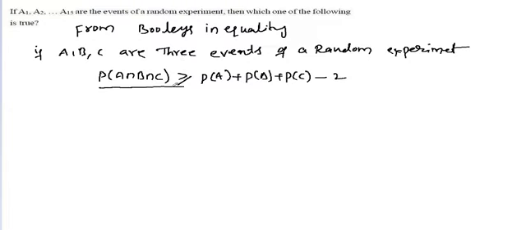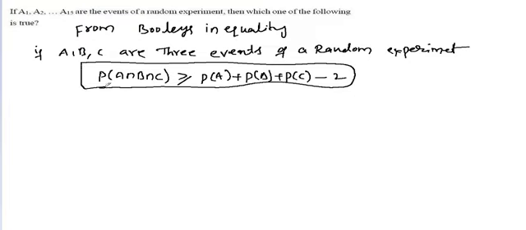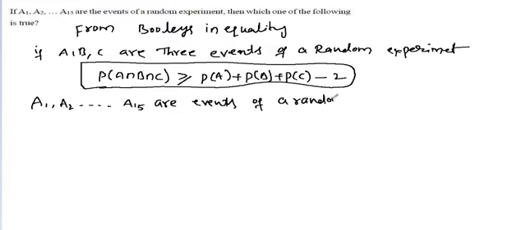We write this. So here in our problem, A1, A2, up to A15 are the 15 events of a random experiment.